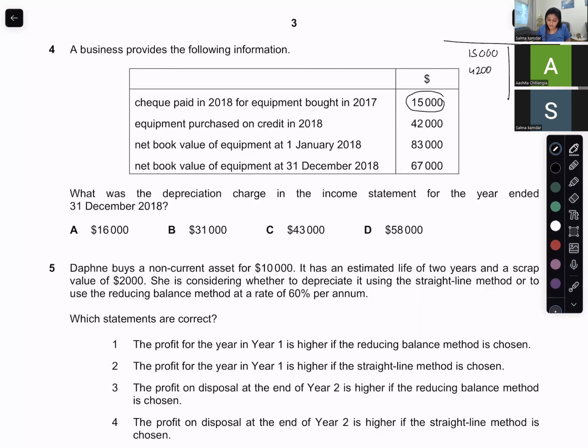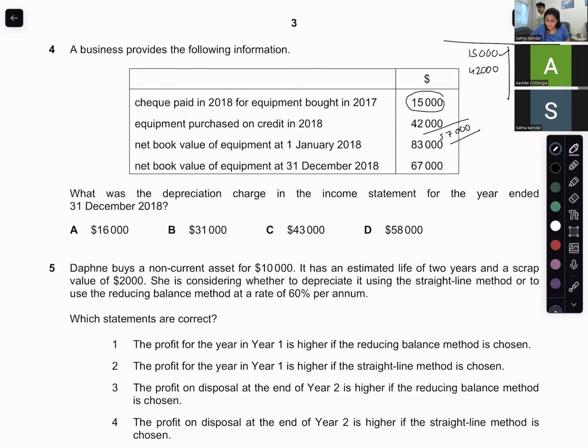So you have purchased one equipment for 15,000, another equipment for 42,000. So total equipment that you purchased in 2017 and 2018 would be how much? 57,000.